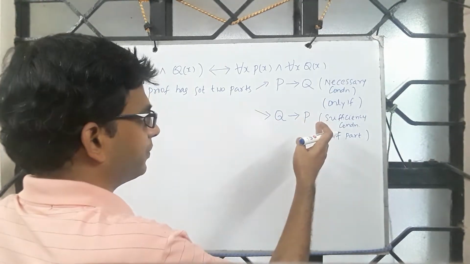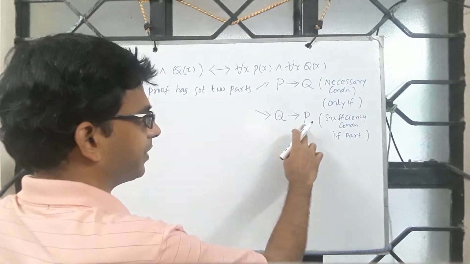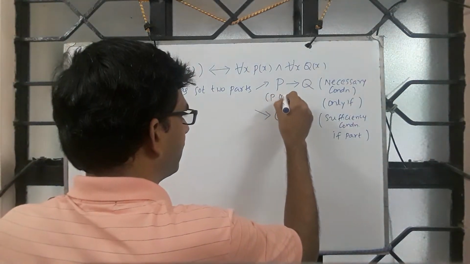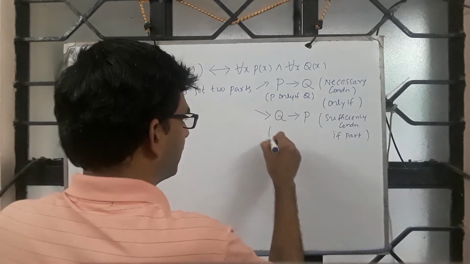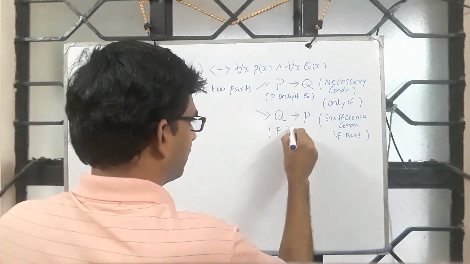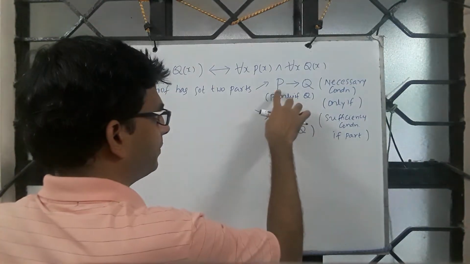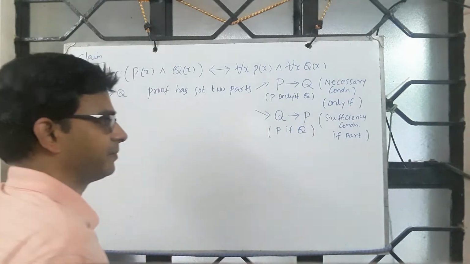That is equivalent to asking p if q. P if q is q implies p. Correct? So this part is p only if q. This part is p if q. P only if q is p implies q, and p if q is q implies p.